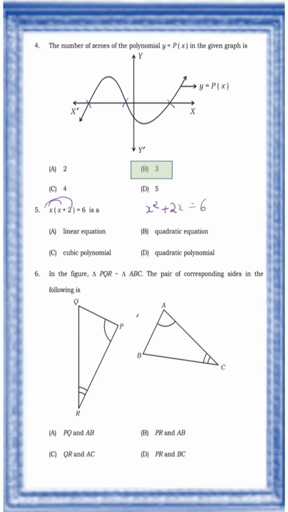Here observe, quadratic equation is also there, quadratic polynomial is also there. Here we have to bring this 6 to the left side, then put 0. So this is a quadratic equation, not a quadratic polynomial. The highest power is 2 here.